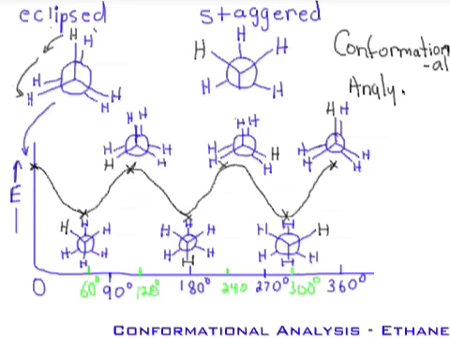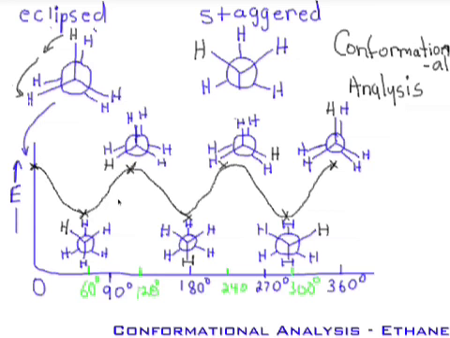Conformational analysis is where you plot the change in energies as you rotate about a carbon-carbon single bond. You plot the change in energies with degrees of rotation, and you show what structures occur at the peaks and the valleys.